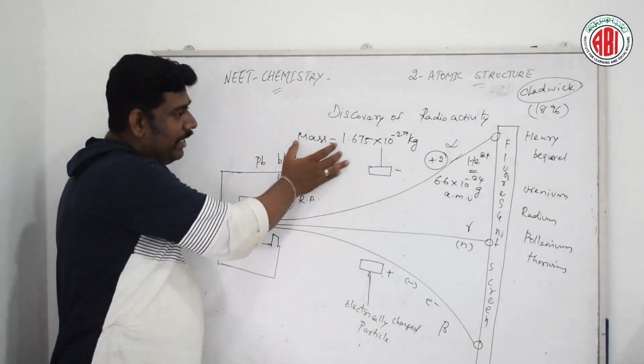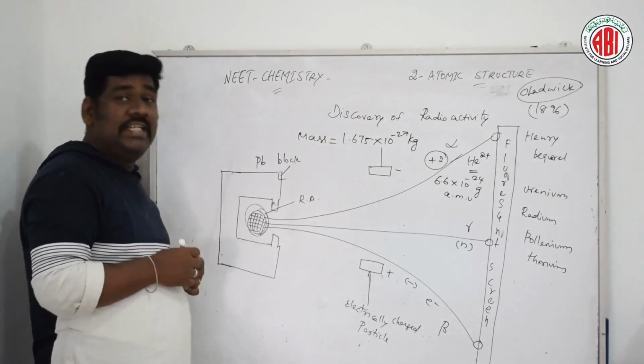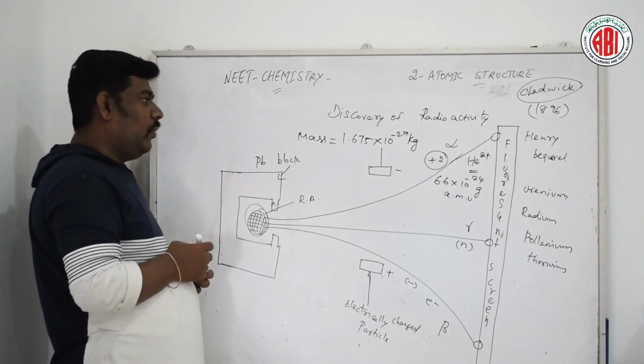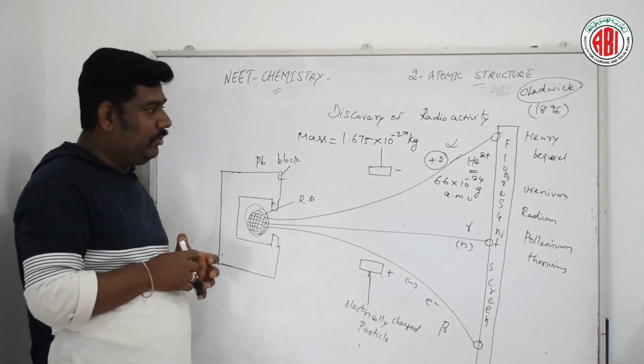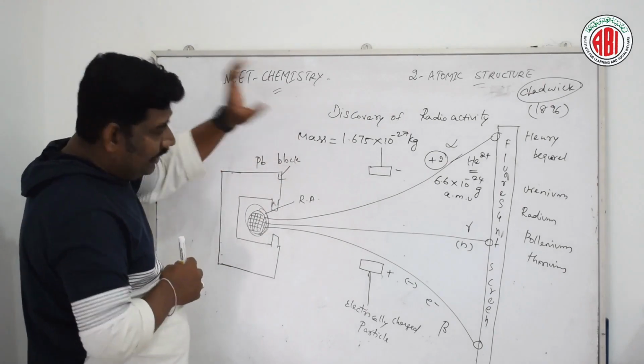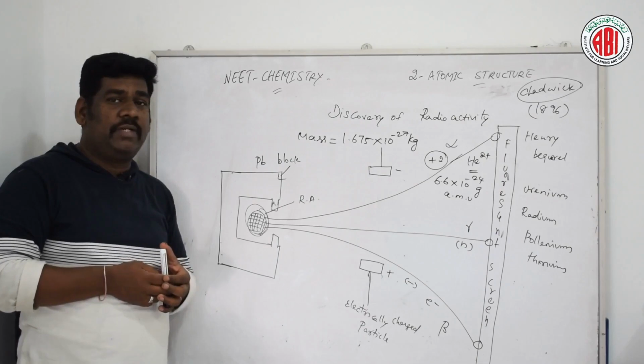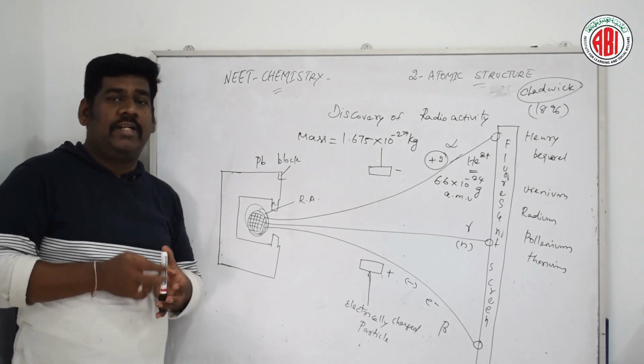That mass is 1.675 × 10^-27 kg. So by this he was able to conclude that these neutrally charged particles are called neutrons.